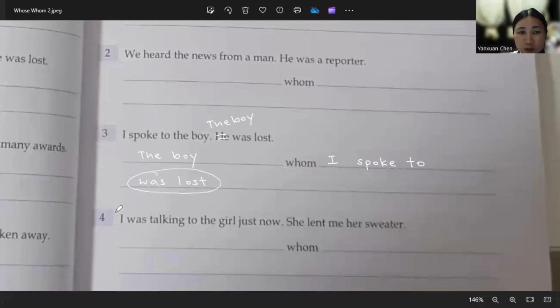Okay, let's try one more question. I was talking to the girl just now. She lent me her sweater. So we need to use this as the main sentence and we change the she to the girl.